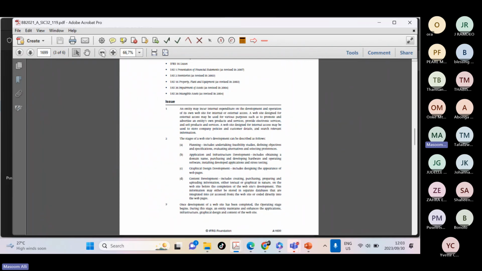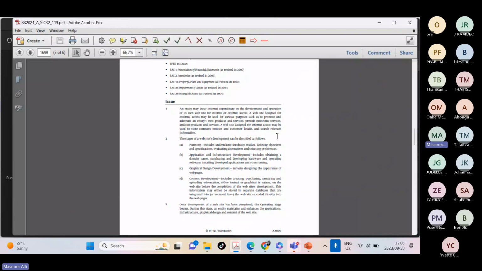Now, how are you going to lay out your answer? In the question paper, they're going to give you costs like this. They won't tell you the phase necessarily unless they want to make it very simple for you. But they're going to tell you the entity obtained a domain name, purchased hardware, did this, did that, and they'll give you the associated cost. They won't deviate too much from this.